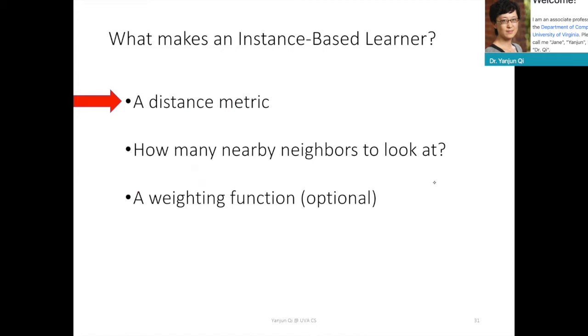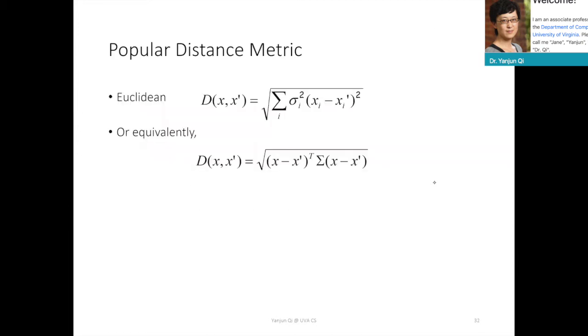What makes an instance-based learner is, most importantly, that there's a distance metric. You actually can learn it from data, but in the vanilla k-nearest neighbor method, you as a user define it. So there are many different kinds you can use. We already showed you a few cases, like minus the inner product, minus the cosine, the most popular and basic Euclidean distance, or weighted Euclidean distance.